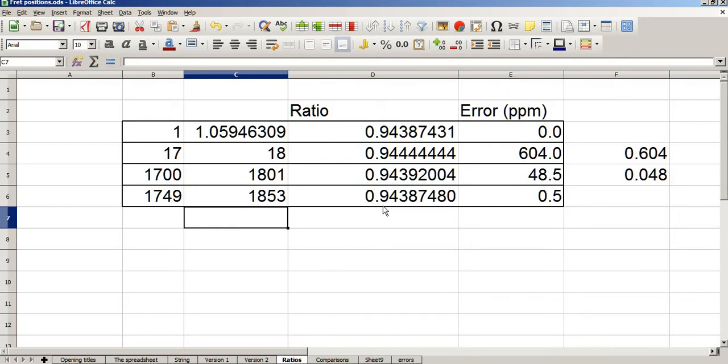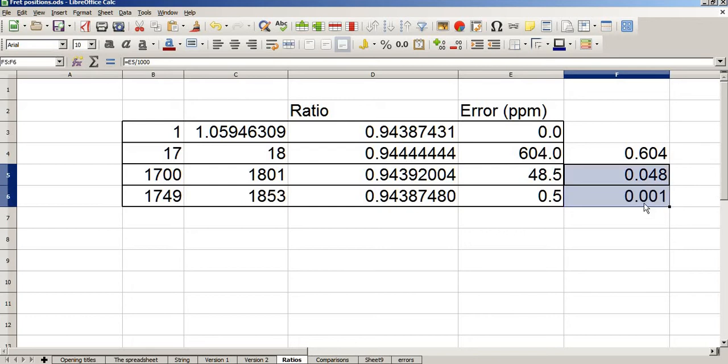As you can see, 0.943874, 0.943874. This is accurate to just 0.5 parts in a million, or as a percentage, 0.001%. If I add an extra decimal, 0.0005%, which is pretty good.